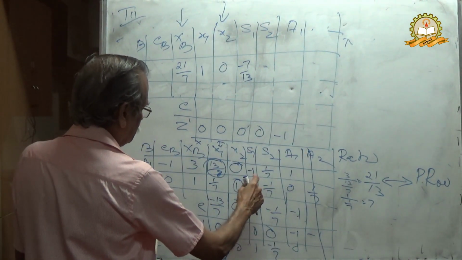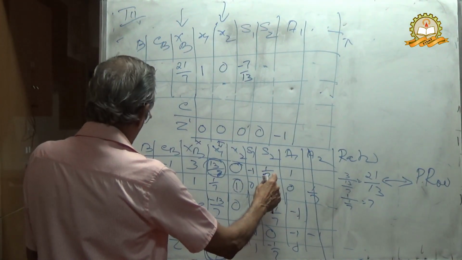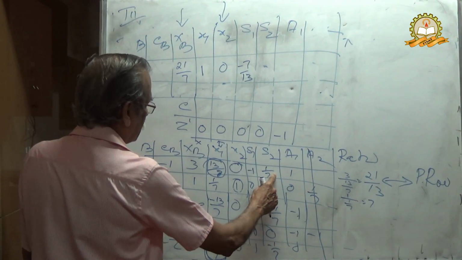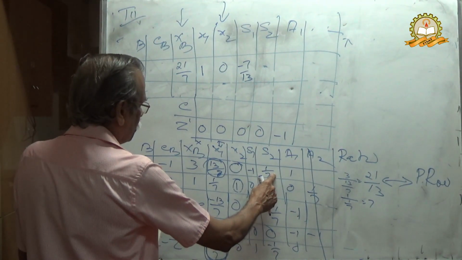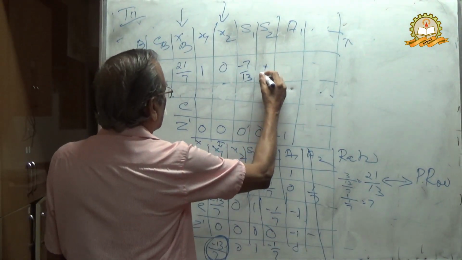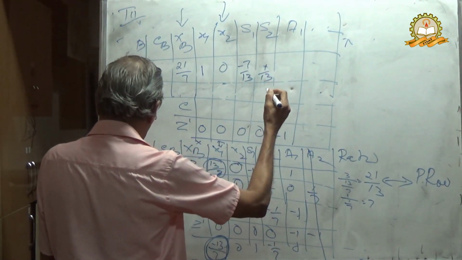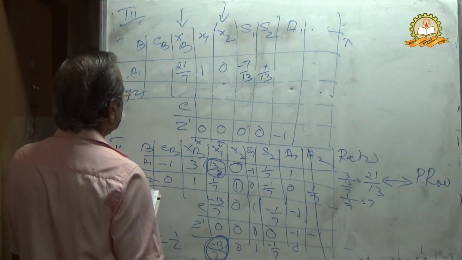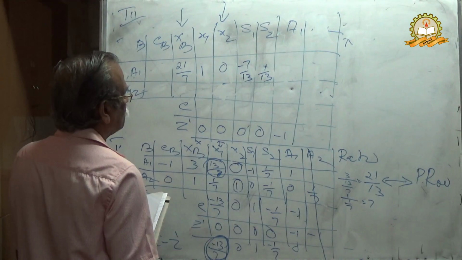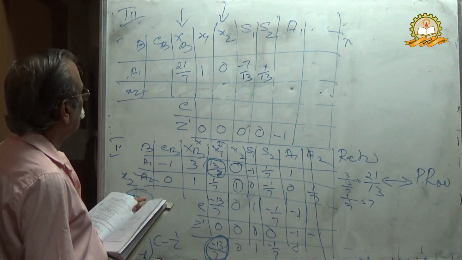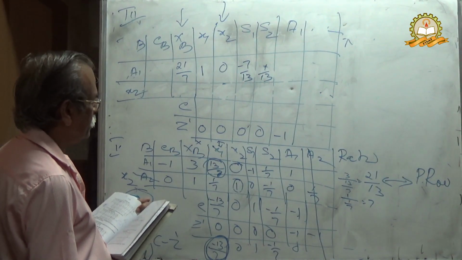And 1 by 7 divided by 13 by 7 equals 1 by 13.